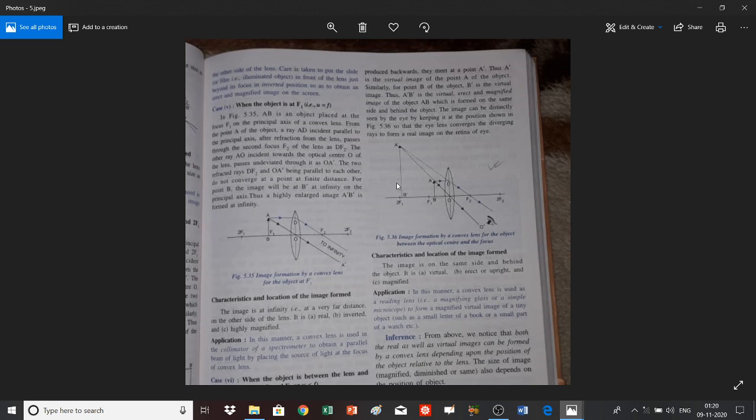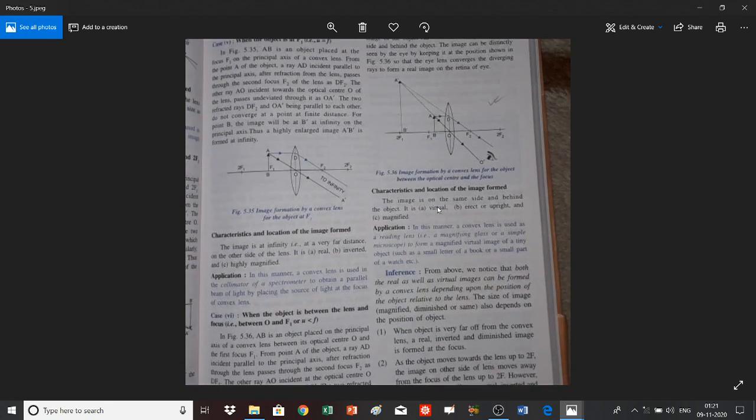The condition is when the object is placed in between the optical center and the focal point, or when the distance of the object from the optical center is smaller than the focal length.